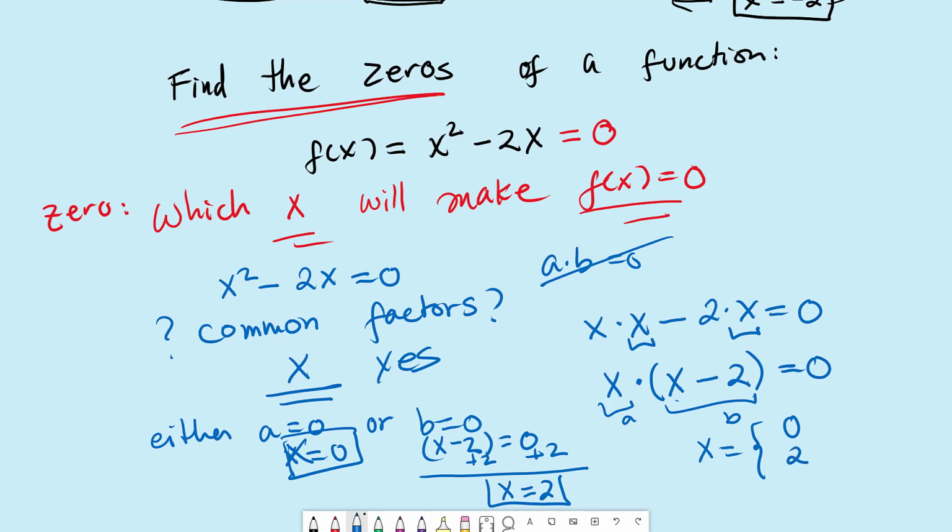And if we substitute either one of these values for x into our equation, back up here, and you can take the time to do that, you will get the solution 0. So these are the zeros of our function f of x equals x squared minus 2x.